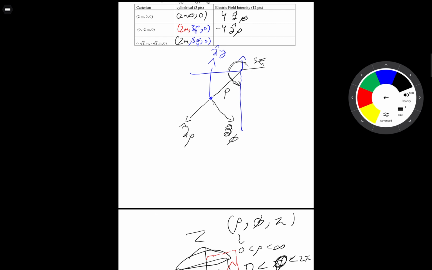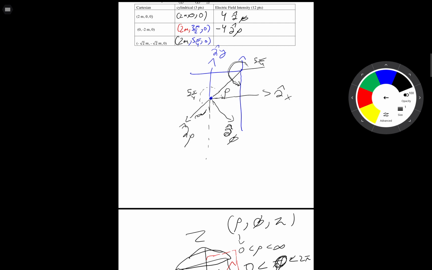If I take this and take this down, this is our a sub x direction, the unit vector pointing in the x direction for our x component. We know we have this angle of 5 pi over 4, and we want to get this value.